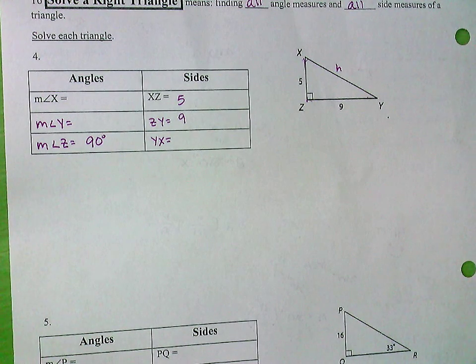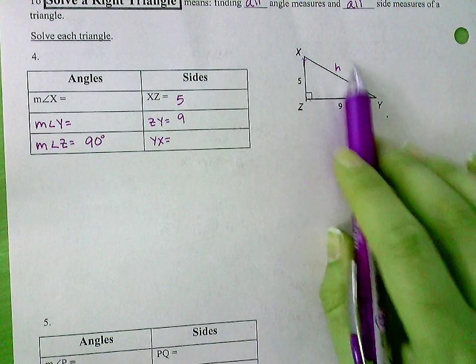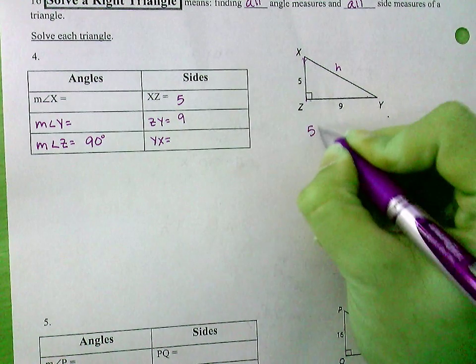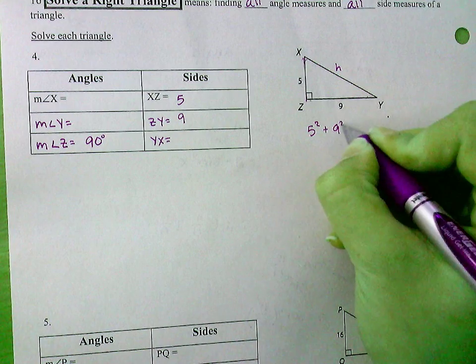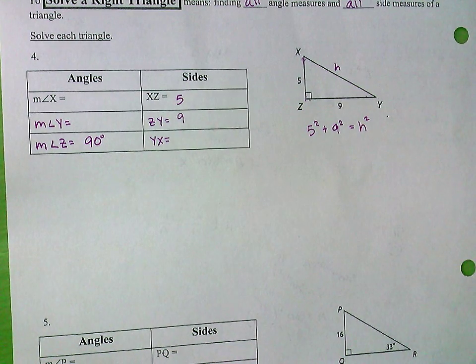We learned the Pythagorean theorem. If you're given 2 sides of a right triangle, you can find the third using a squared plus b squared equals c squared. So here, your hypotenuse is c, right? So I can take 5 squared plus 9 squared is equal to h squared.